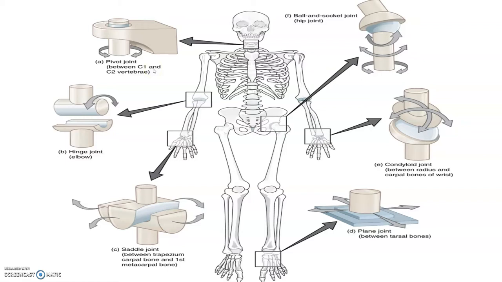Then the gliding joint is there between the carpals. Here you can see the gliding joint between the carpals, and the saddle joint is between the carpals and the metacarpals, and between the thumb also. So these are a few examples of the synovial joints.